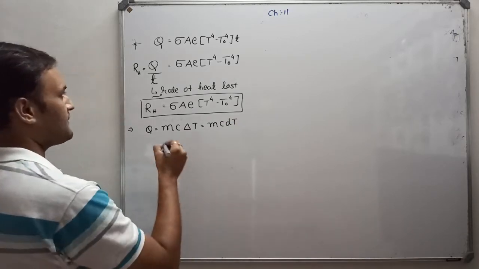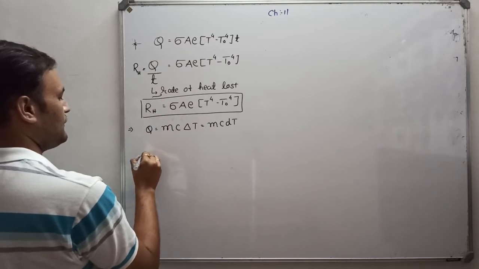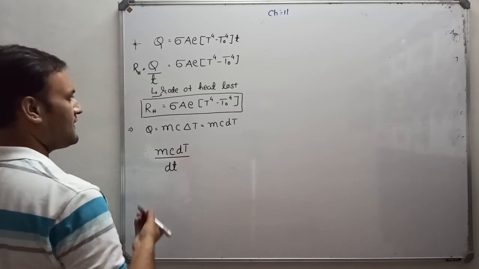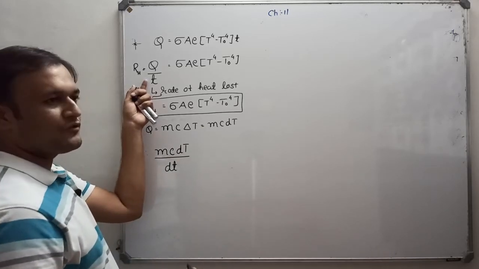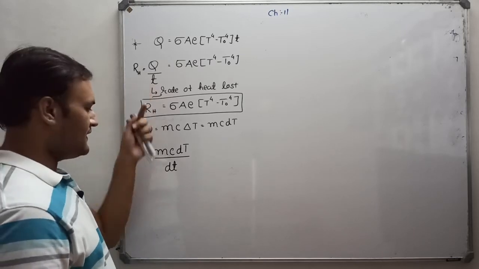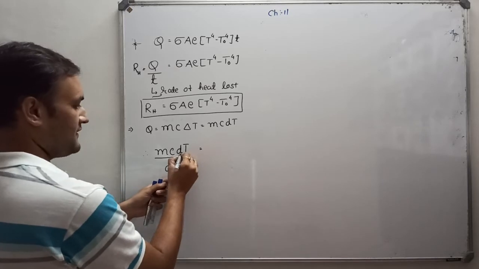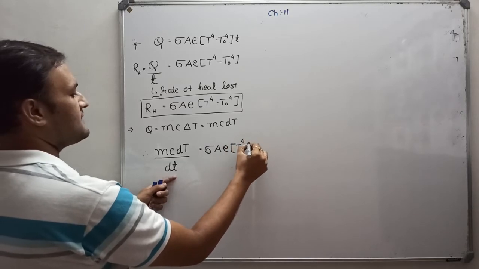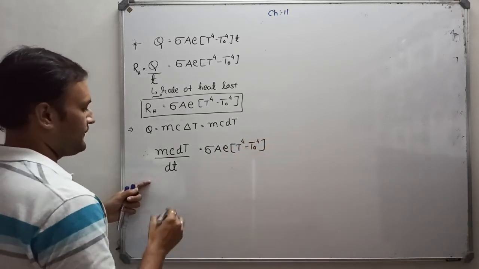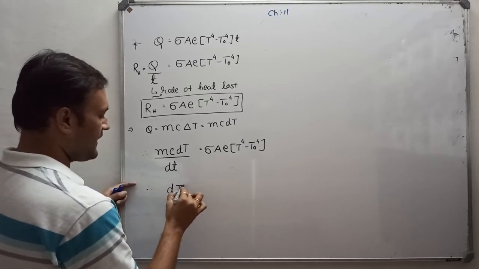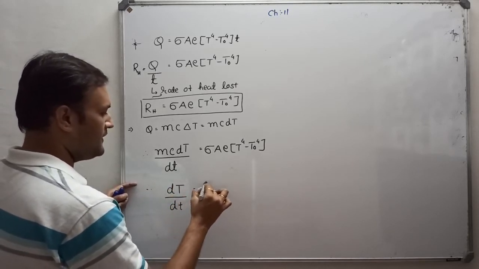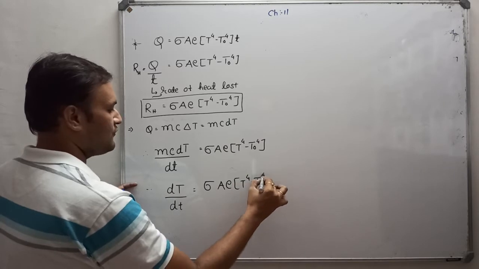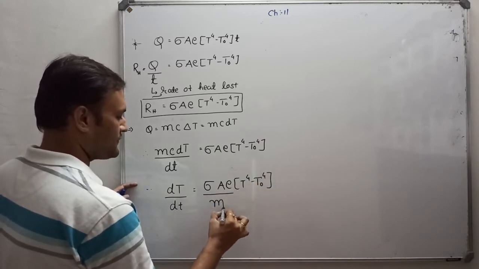Putting this in the equation, m c delta T is equal to sigma A E into T raised to 4 minus T0 raised to 4 into small t. Now on the left hand side, dT by dt is equal to sigma A E into T raised to 4 minus T0 raised to 4 upon m into c.